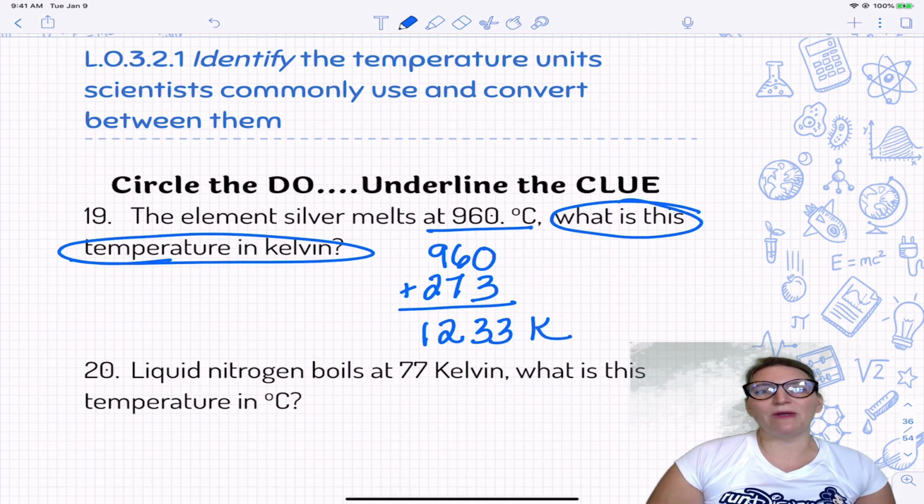A few things. When we're doing addition, we don't need to worry about significant figures, but we need to worry about decimal places, which is why it doesn't matter if I use 273 or 273.15.